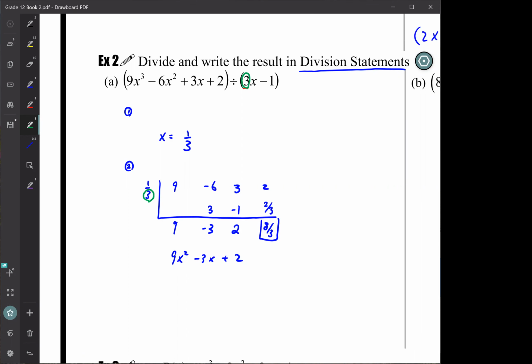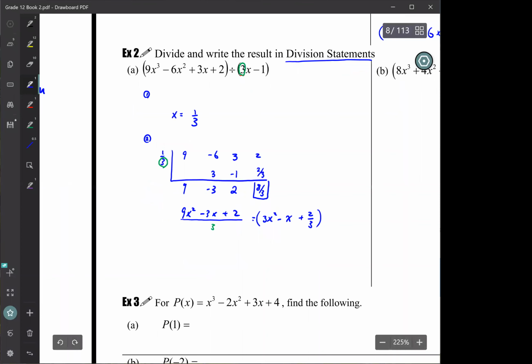The 3 is from there. Each one of them needs to be divided by 3, right? You can put it as over 3, and then simplify, right? So if you divide, that will give you 3x² minus x, because 3 and 3 cancel out, plus 2/3. Okay, so this is your quotient.